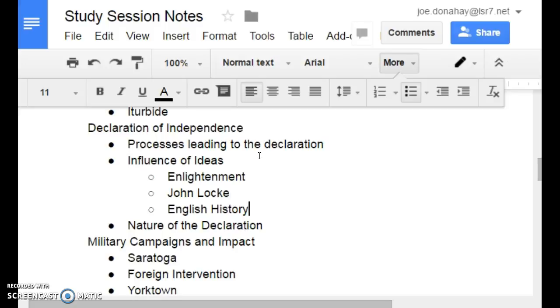Jefferson paraphrases Locke, who refers to natural rights of life, liberty, property. The D of I refers to inalienable rights of life, liberty, and the pursuit of happiness.